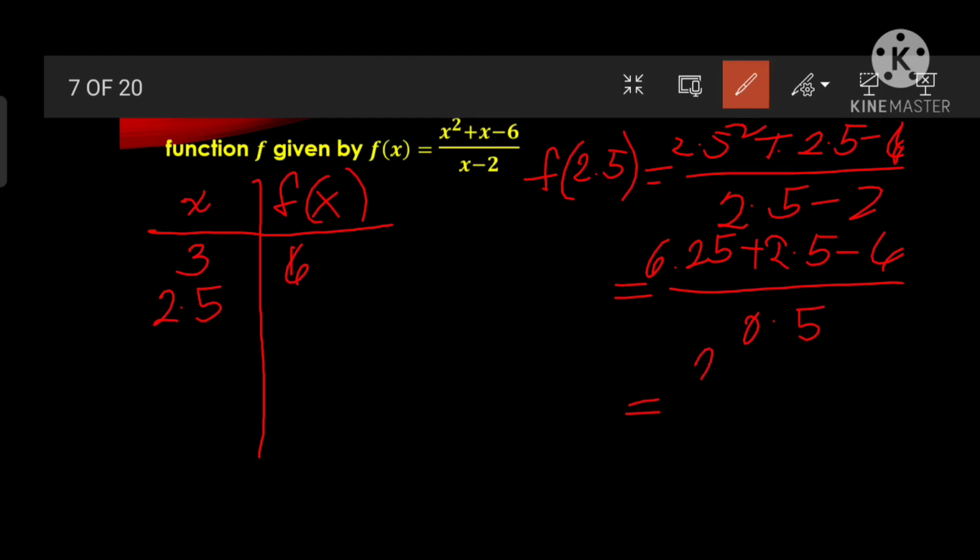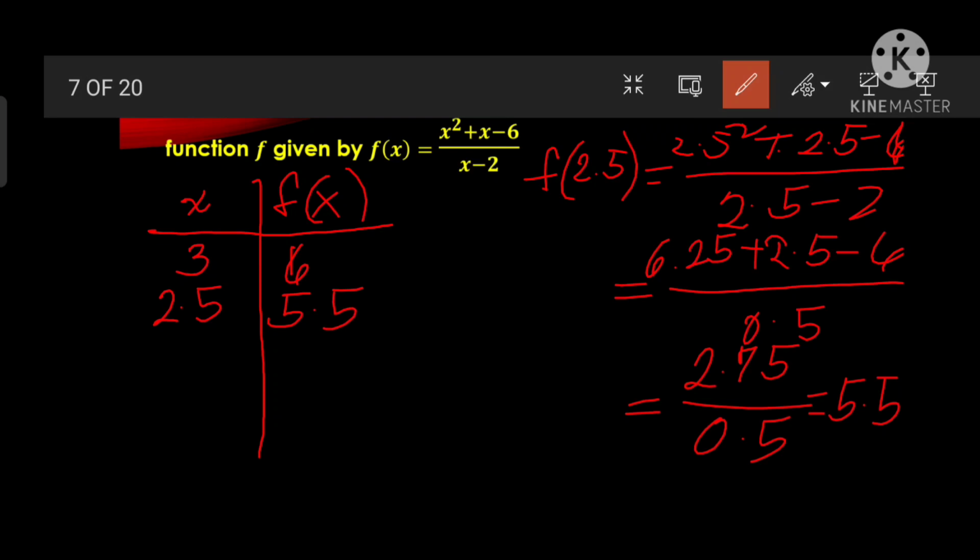We have 2.75 over 0.5. So 2.75 divided by 0.5, we have 5.5. Okay, so we have 5.5 here.